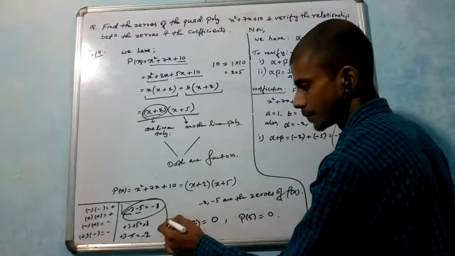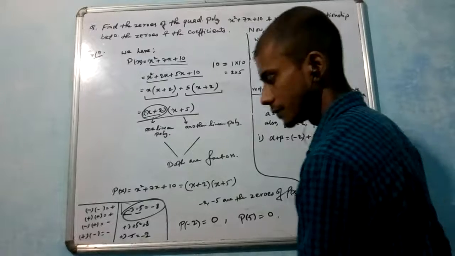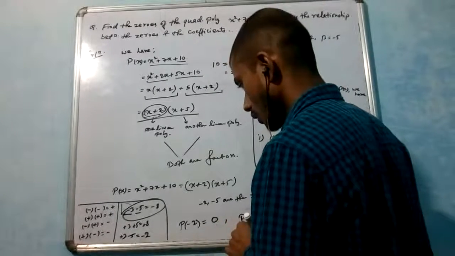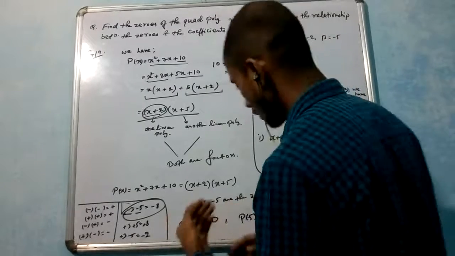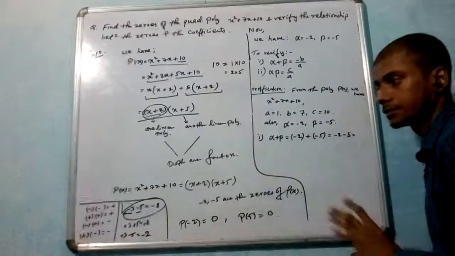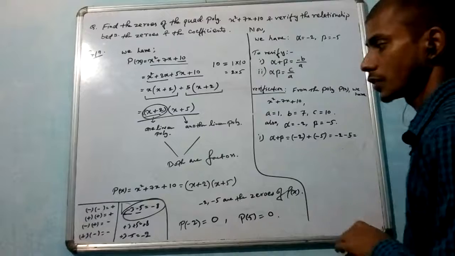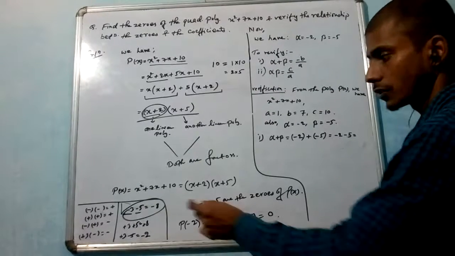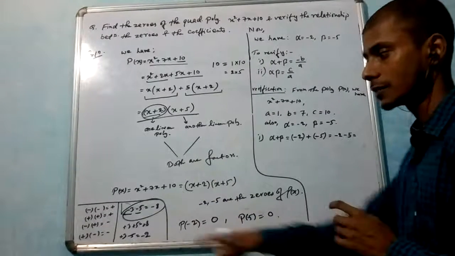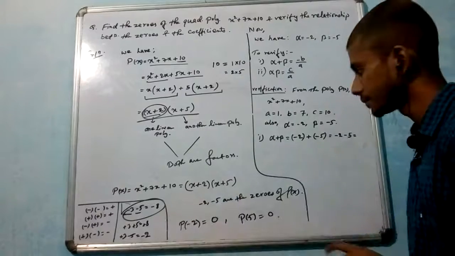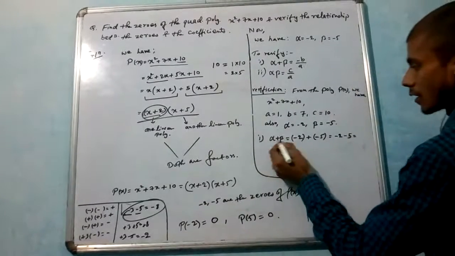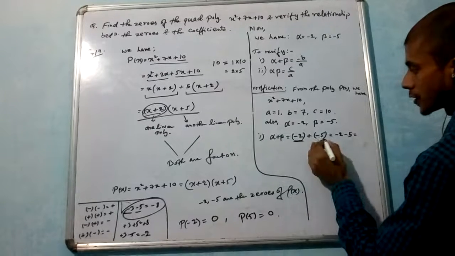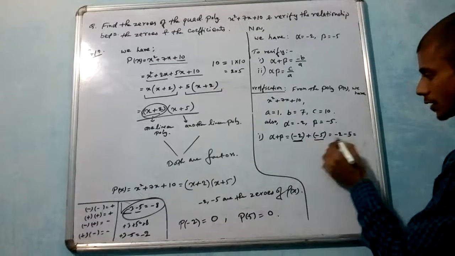These are very small things, but they will hamper all your work, so be careful. Don't underestimate them. Now come here. Alpha plus beta: minus 2 was alpha, minus 5 was beta. Alpha plus beta, how much? Minus 2 minus 5?